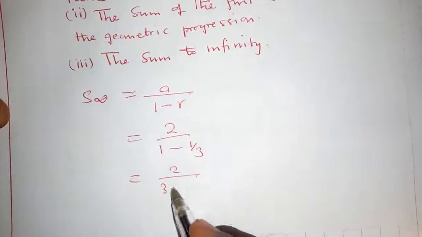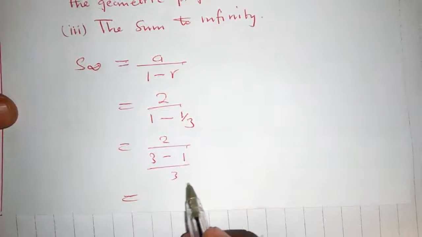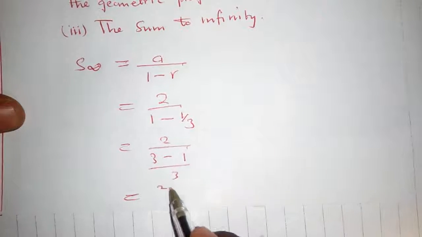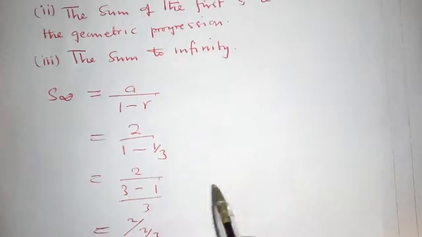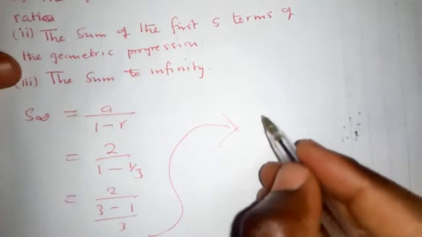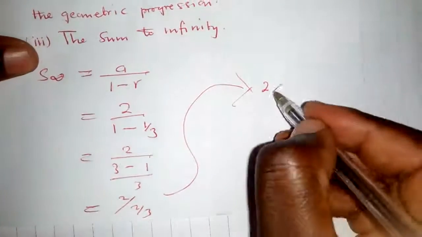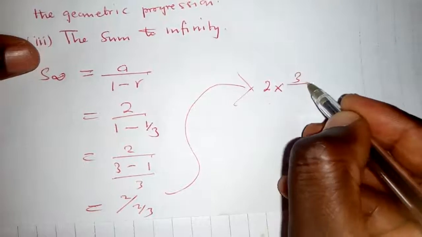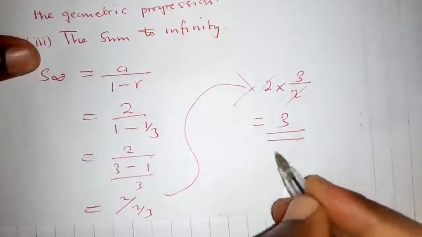Once we solve, we have 3 here over 3. Find the common denominator here. Once we solve, we have 2 over 2 over 3. And if we solve nicely here, we have 2, and then here this will flip, since it's the division of a fraction. So this and this will go. So of 3, our answer will be 3.